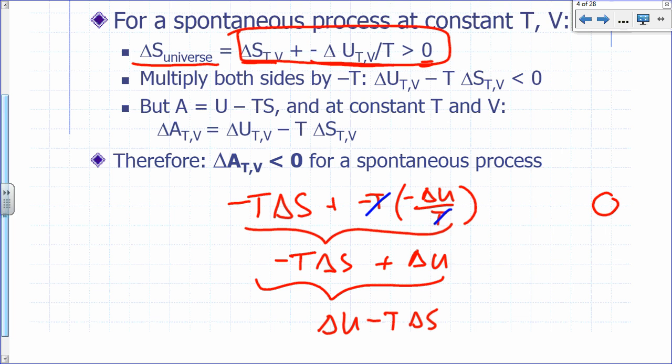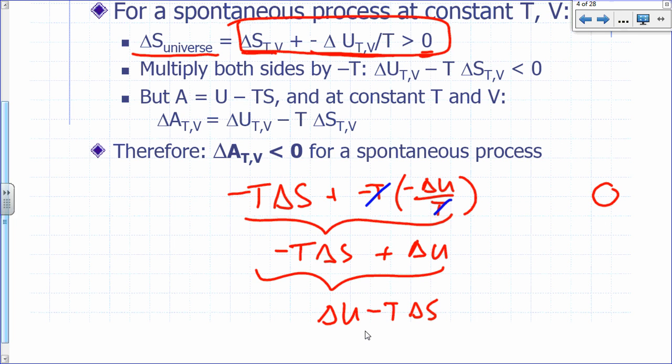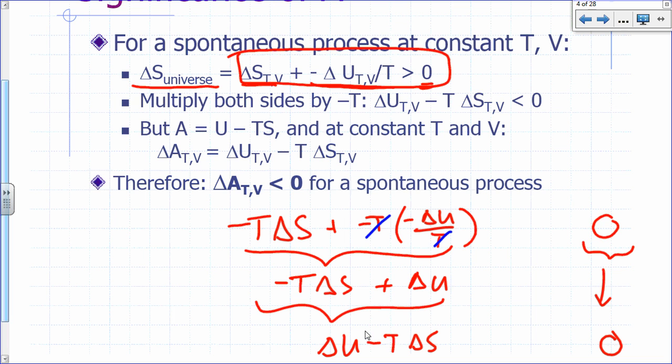The right-hand side, you multiply 0 by negative T, what do you get? Still 0. Okay, now, since I've multiplied it by a negative, what happens to my inequality here? It flips. That is now going to be less than 0. Okay, it's like saying 3 is greater than 2, right?